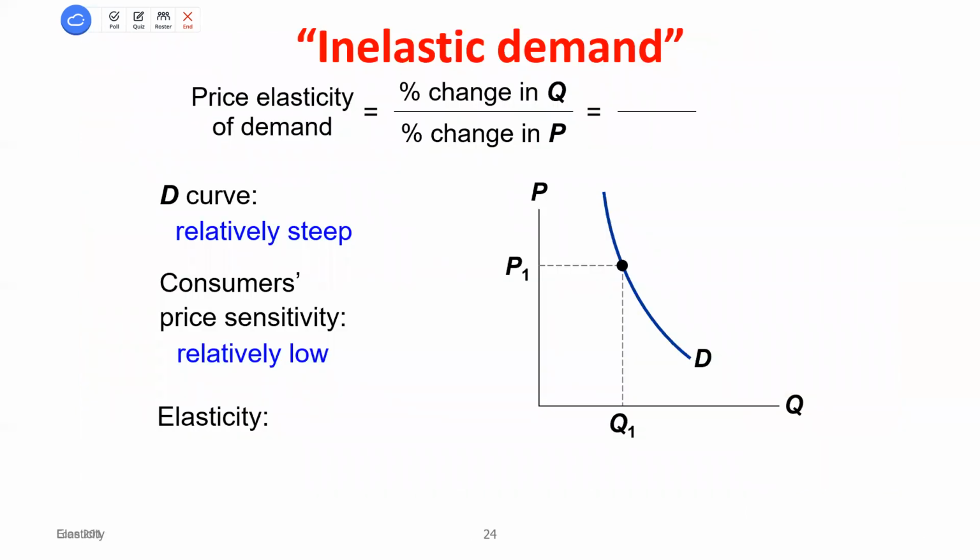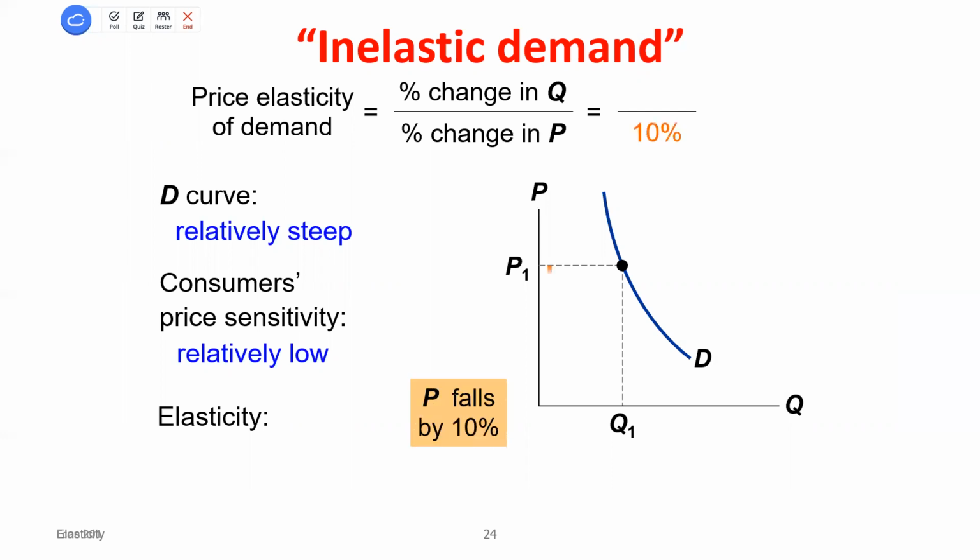Okay, so we then move away a little bit from that. Perfectly inelastic is an extreme. But what if things are just a little inelastic, right? Then we would still have not a vertical demand curve, but a pretty steep one.